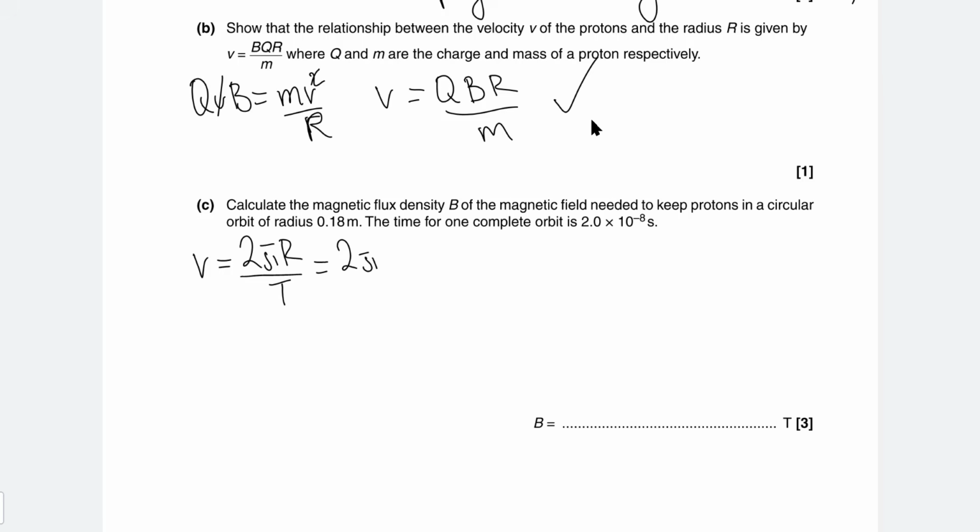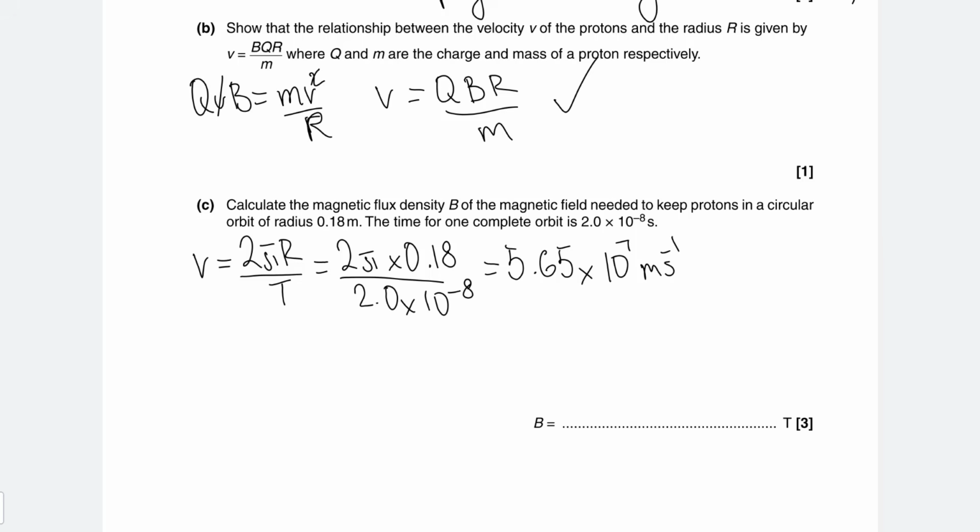That's 2 pi times 0.18 divided by 2.0 times 10 to the power of -8. Let's put this into a calculator. That's approximately equal to 5.65 times 10 to the power of 7 meters per second, which is a pretty high speed.